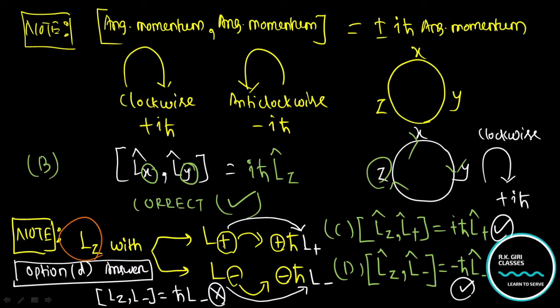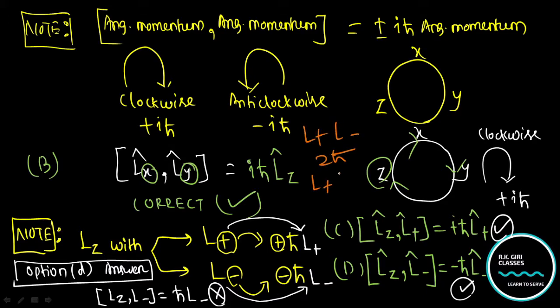The Lz with L plus, and Lz with L minus. You already know that if both L plus and L minus will be there, then 2 h cut term will be used. If only L plus or L minus we are talking about, then h cut only term will be used, right? When both L plus and L minus will be there, then 2 h cut will be used.